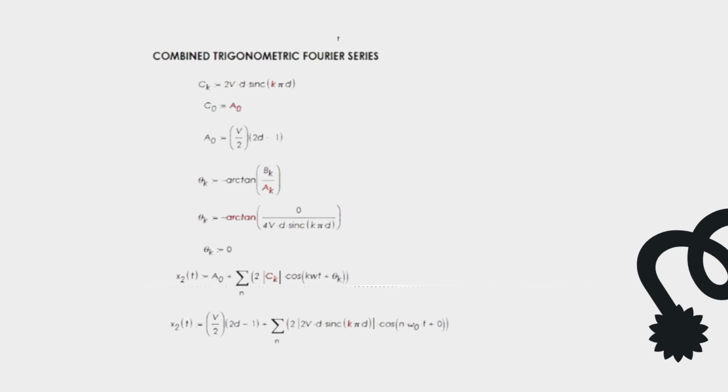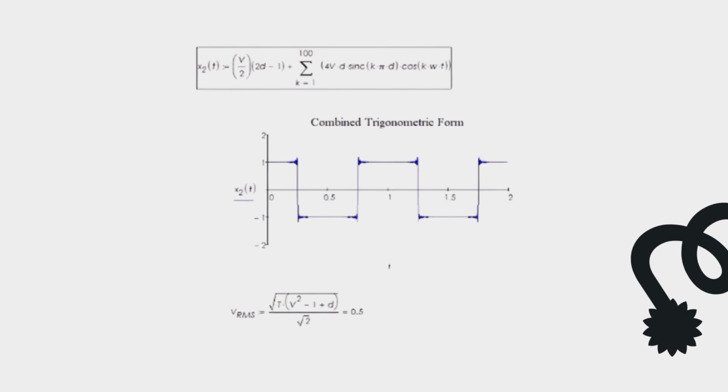Since it is rectangular, b sub k is equal to 0. So now theta k is equal to 0. So upon substituting the given, we arrive at this kind of waveform in combined trigonometric form, and it's just like the exponential form and trigonometric form.